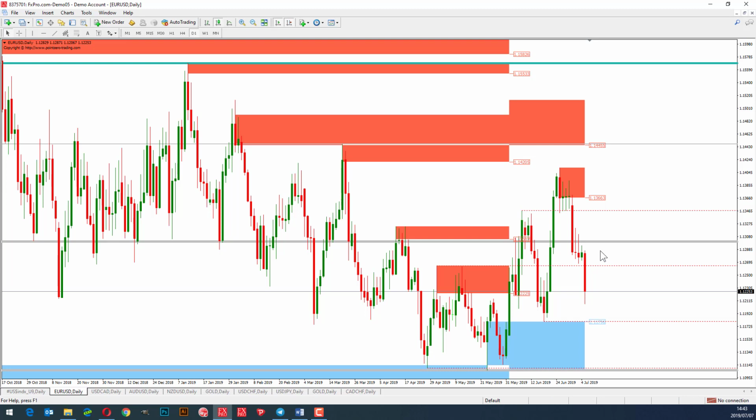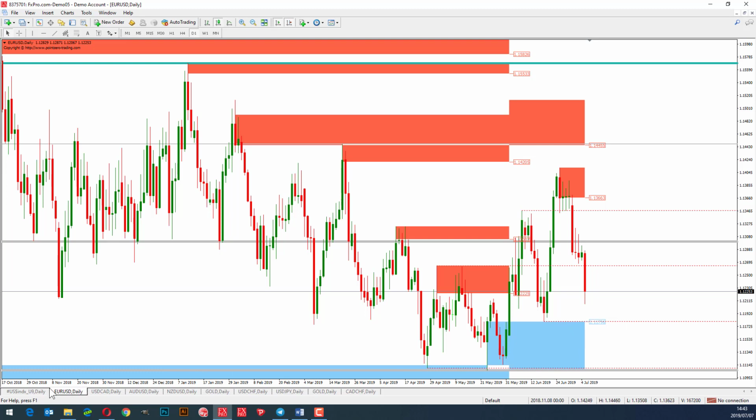So in this week's review, we are looking for further bearish evidence from the current price all the way to the 1.11 zone. So we are looking for market to drop all the way to this demand area here.